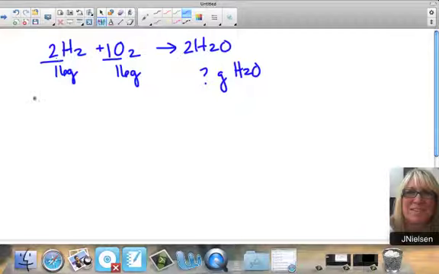So the easiest way to do this is to calculate the number of moles of each of the reactants and then divide by the coefficient to see which one is present in the smallest quantity.